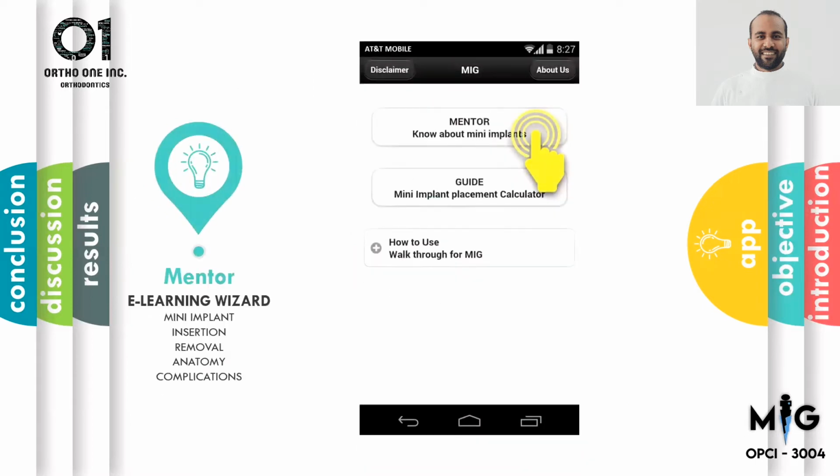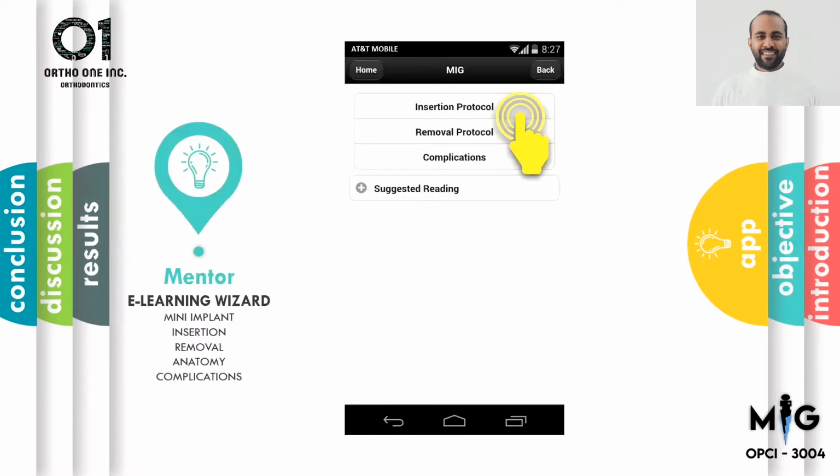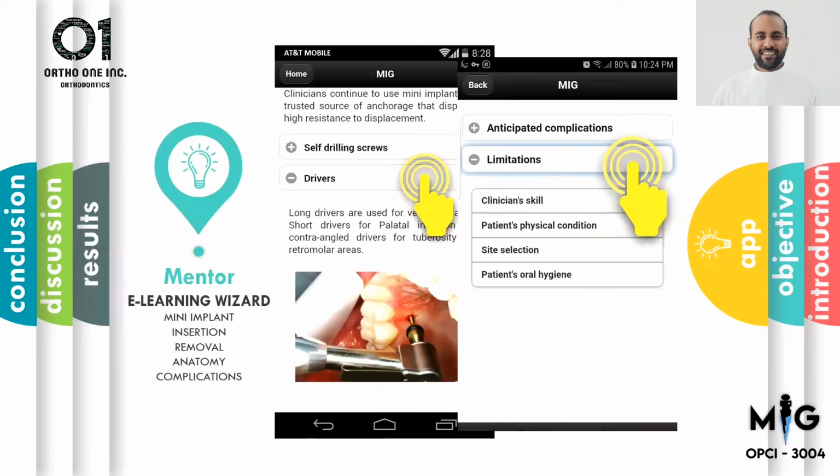the home screen opens up, and in that you can find features like the mentor tab and the guide tab. Once you click the mentor tab, it will start the e-learning wizard on insertion protocols, removal protocols, and complications. Once you click the insertion protocol, you can find the various sizes and shapes of screws that are being used.